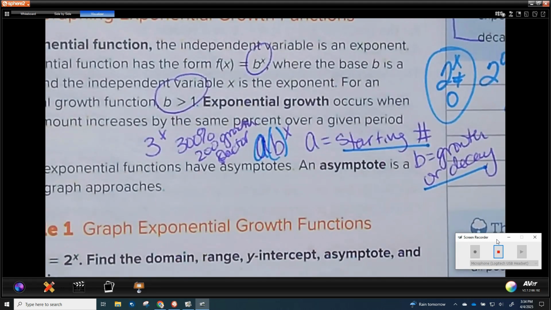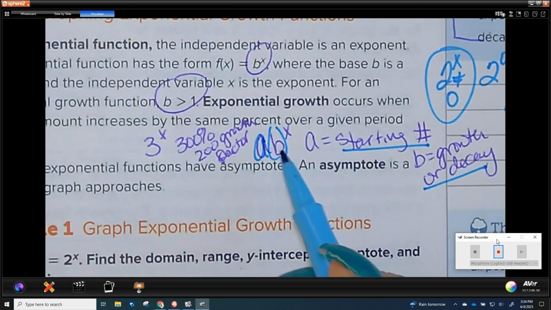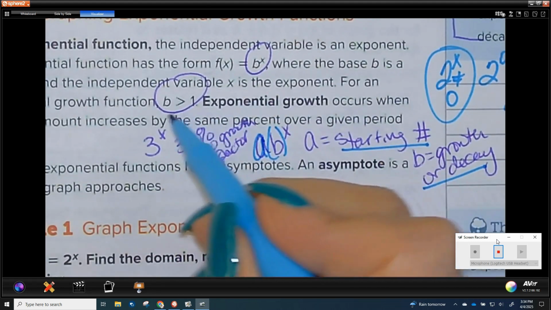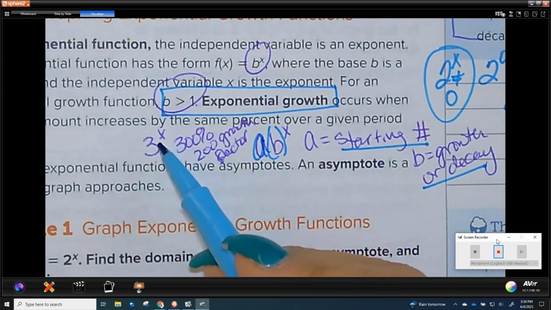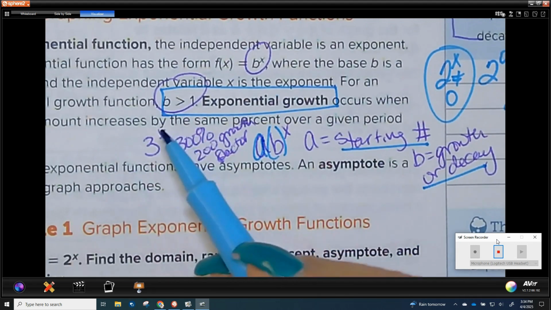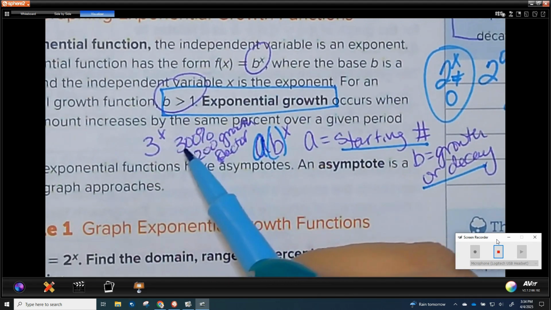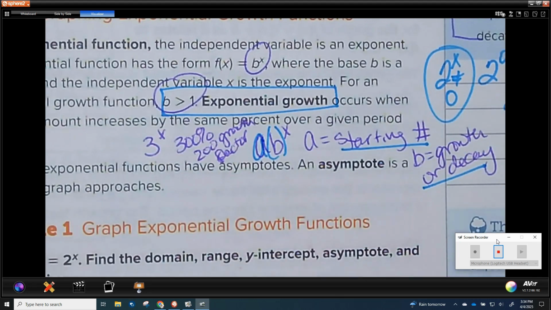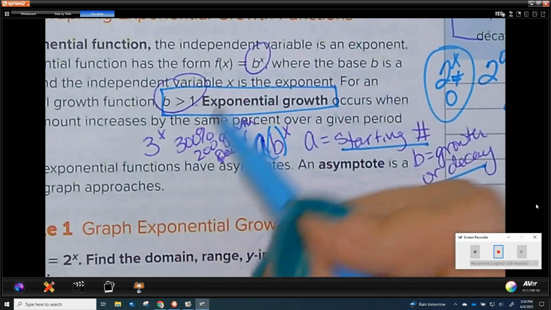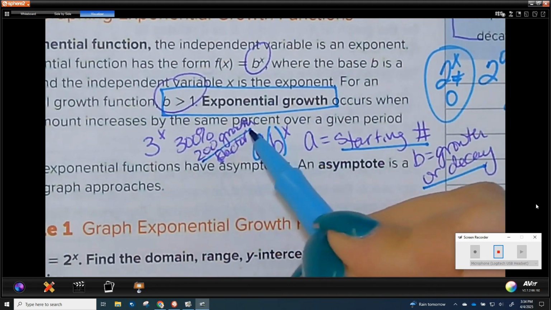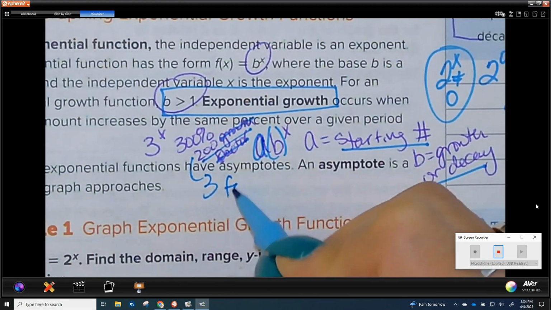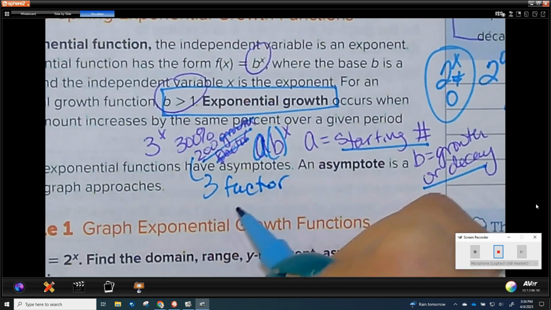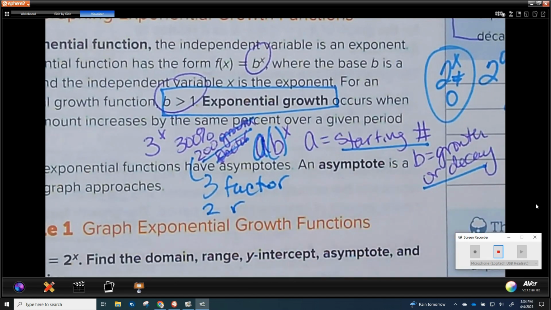If this is greater than 1, it is growth, because everything starts off at 100%, so when we are over that, that's growth. If b is 3, it triples every time, and it's 300%, but our growth rate is not the factor. 3 is our factor. Our rate is 2, or 200%.